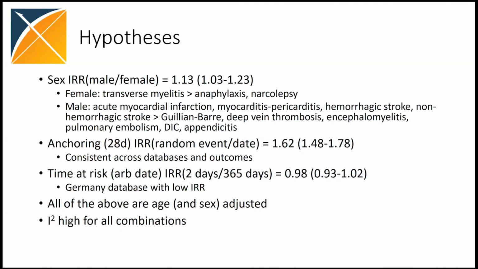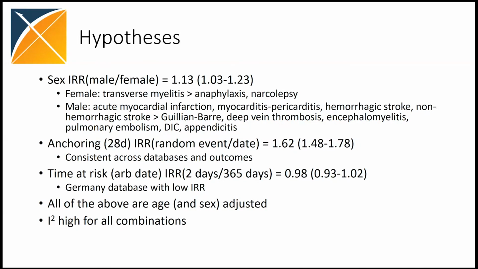Time at risk based on an arbitrary date, we see 0.98. So whether the time at risk is 2 days or 365 days, it has little effect. In other words, if you pick an arbitrary date, then whether you measure someone for 2 days or 365 days, if it's not anchored on a medical visit, we're okay. So this was almost like a negative control. We weren't expecting an effect here.